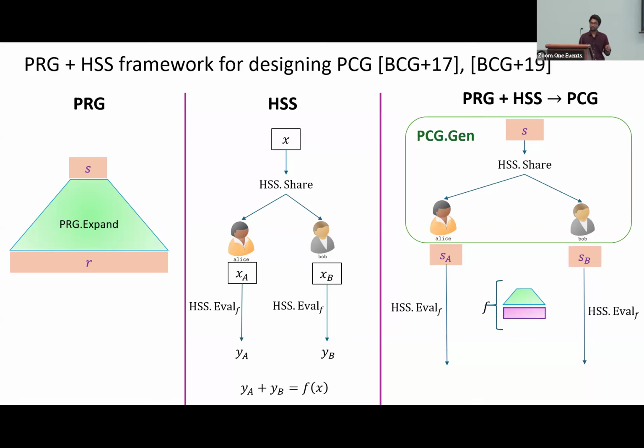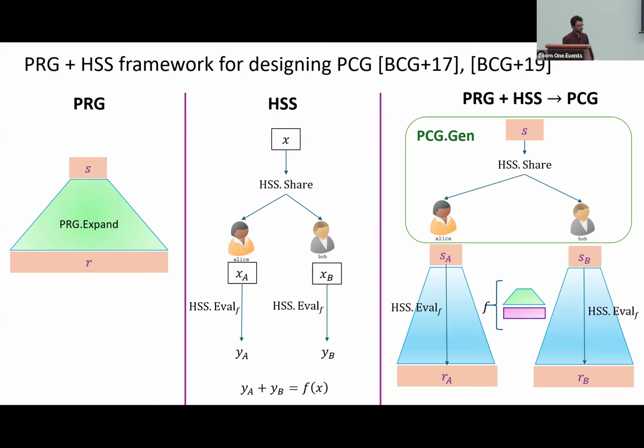This function f would be the expansion procedure of the PRG composed with another deterministic function, which maps a uniform distribution into the required distribution D of interest. If they do this HSS eval procedure, they would end up with an additive sharing of the distribution D over which the correlation is defined. You can think of this blue triangle as the PCG expand procedure now.